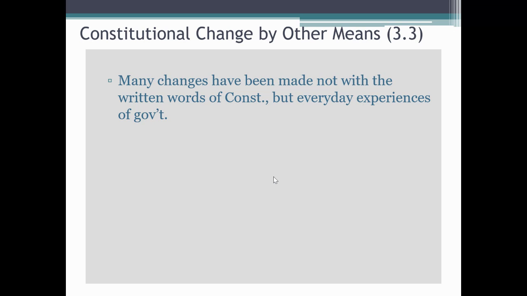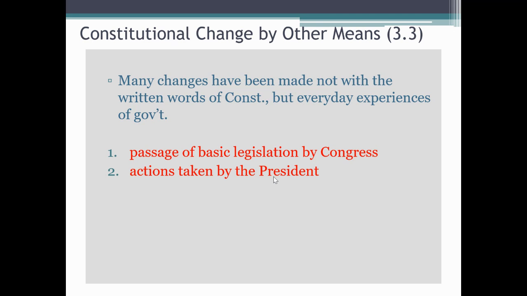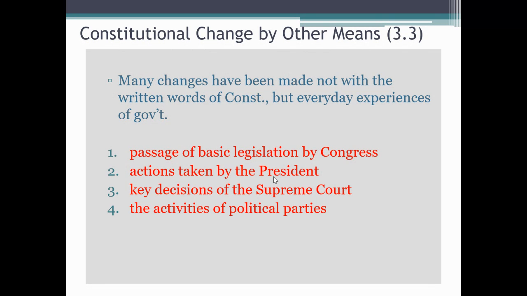But we're really looking at the ways in which we're not necessarily changing the wording. Okay, we're not doing a formal amendment, but through everyday experiences, whether it's the passage of basic legislation by Congress, actions taken by the president, key decisions of the Supreme Court, the activities of political parties, or custom or tradition, all of these things have played a part in some interpretation or maybe fulfilling some of the aspects of the Constitution that's not actually written in there.